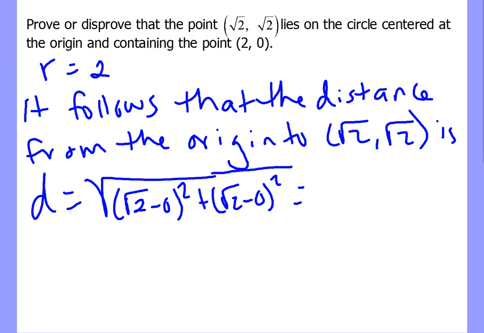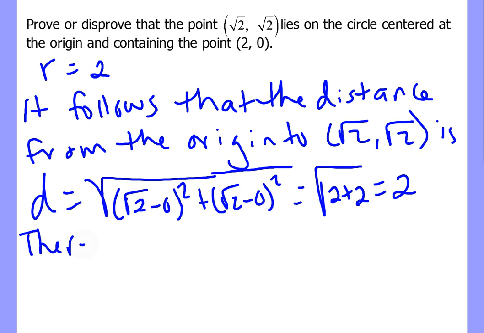In this case, we have the square root of 2 being squared, so that's just 2. So really we have the square root of 2 plus 2, which is the square root of 4, which equals 2. And so, now we've said that the radius had to have been 2, and the distance from our origin or center to the point in question is also 2. Thus, we've proven that it actually does lie on the circle.